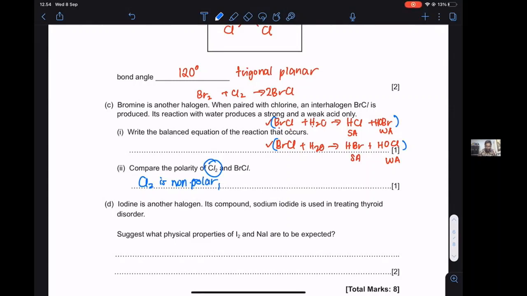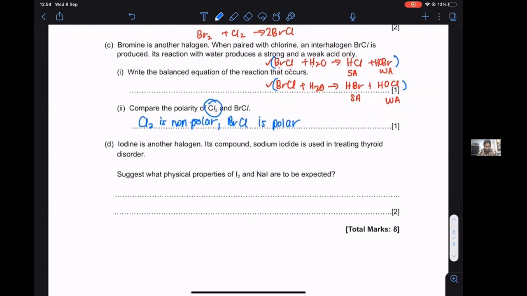Cl2 is non-polar, BrCl is polar. Don't go and write down BrCl is more polar than Cl2, even though that statement is correct, because it indicates that Cl2 is polar. If you write that, I will give you 0.